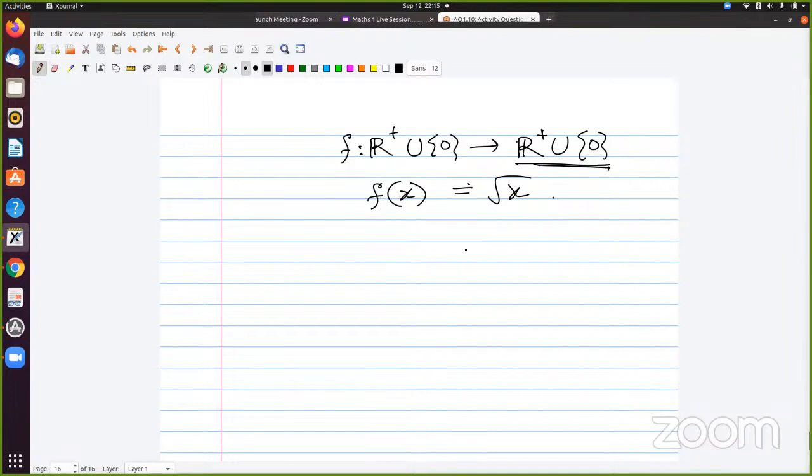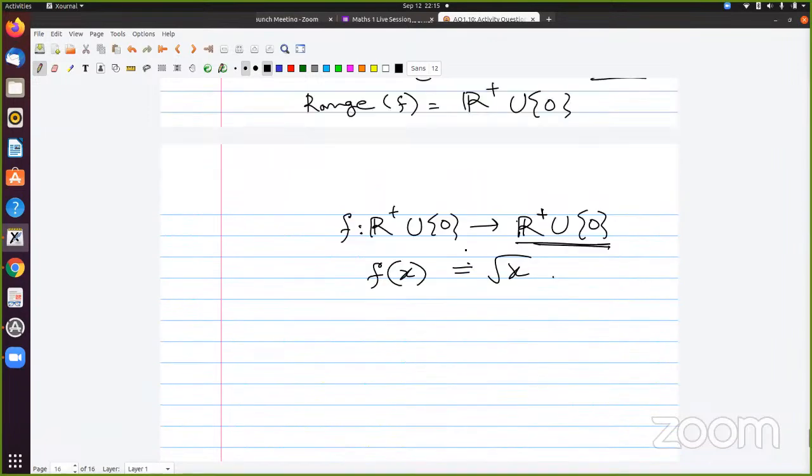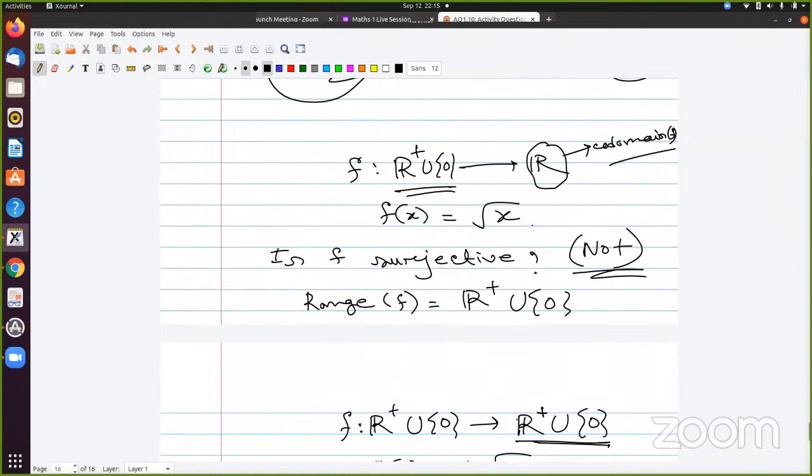Sir, in continuation with this question, the answer is that it is not surjective because the perfect squares are not in our range. No, that is not the reason.